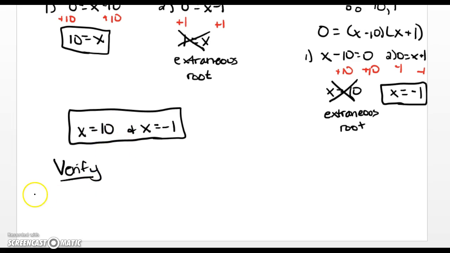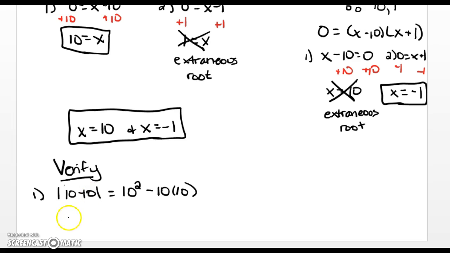That just means that we have to plug in our x value into the original equation. I'm first going to work with x is equal to 10. So we have the absolute value of x minus 10, so we'll have 10 minus 10 is equal to x squared, so we have 10 squared minus 10 times x, which is 10. Then we could just solve our left side, solve our right side, and show that they are equal to each other.